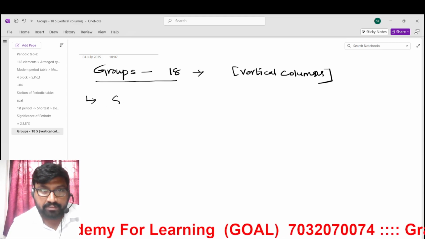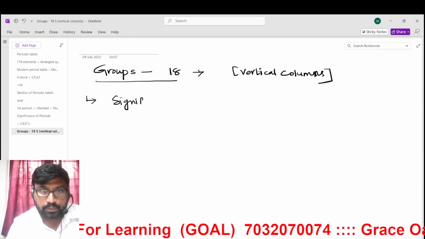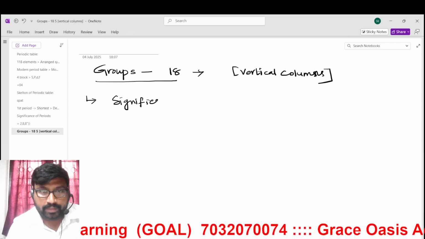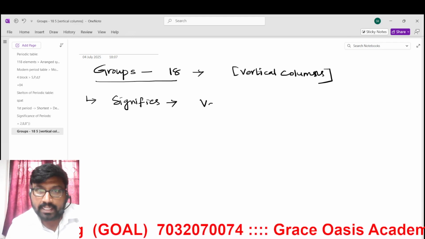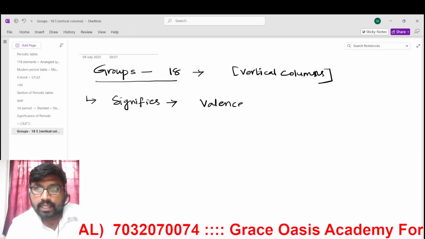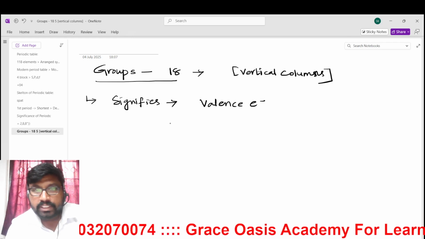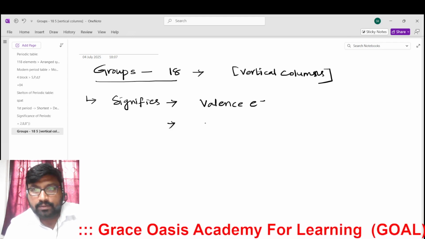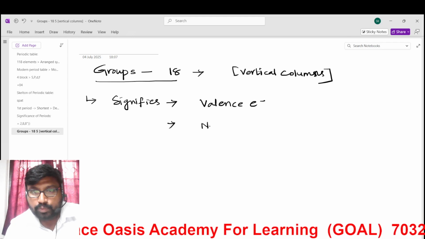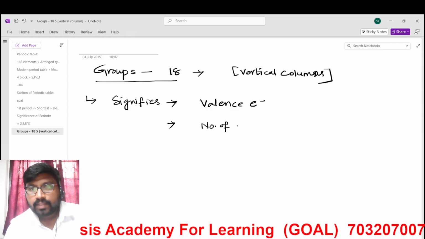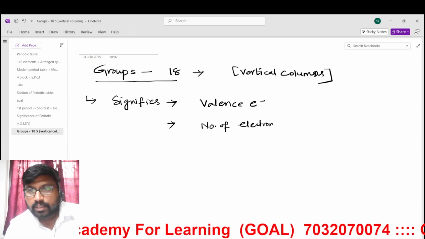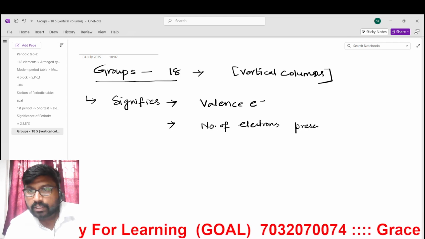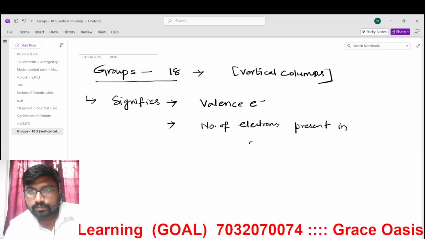These groups signify the valence electrons. Valence electrons means the number of electrons present in the outer shell, right?